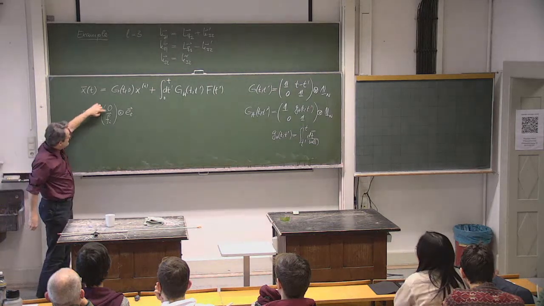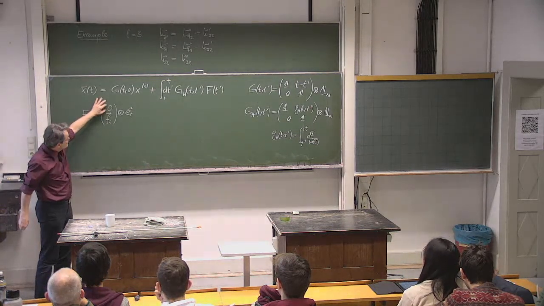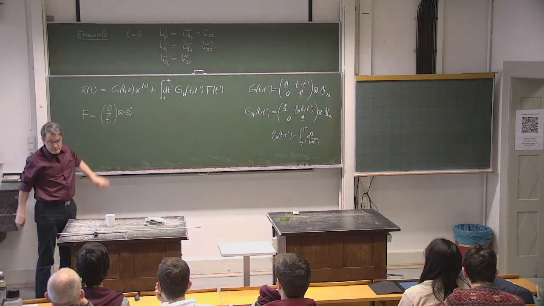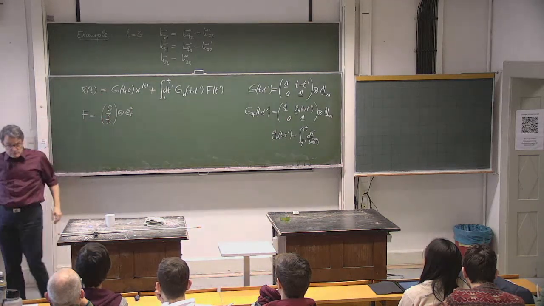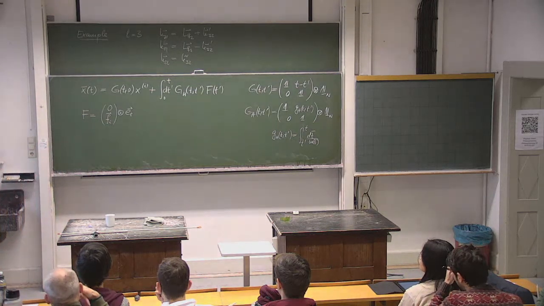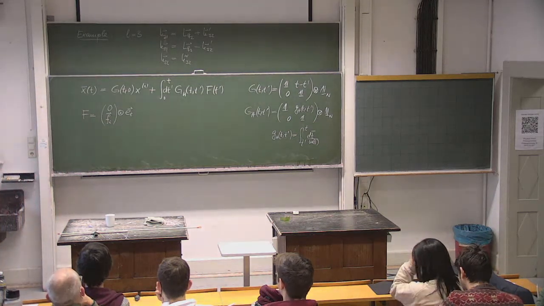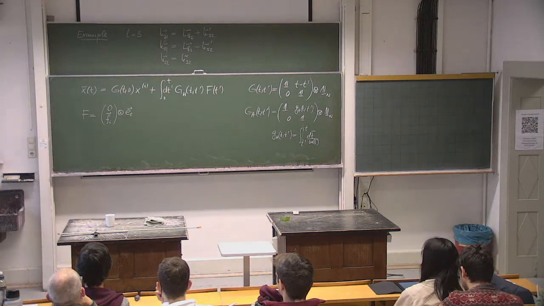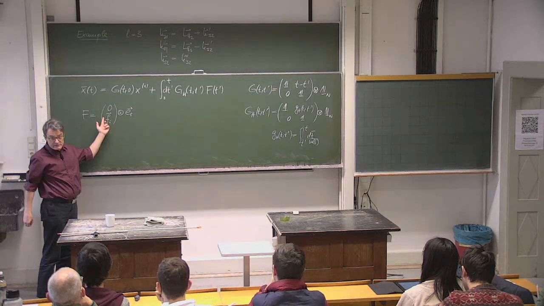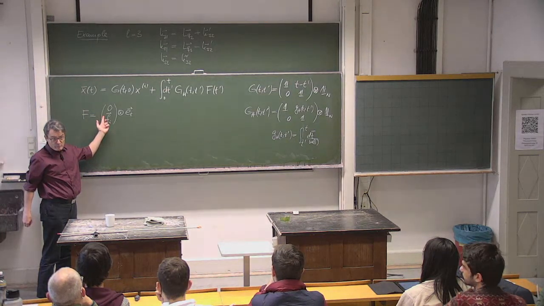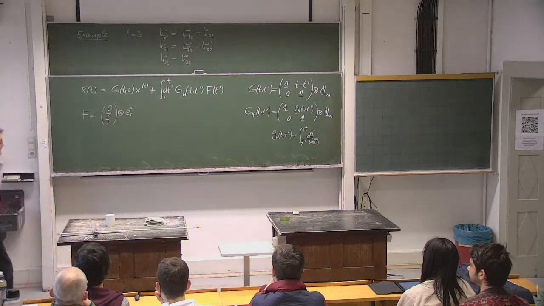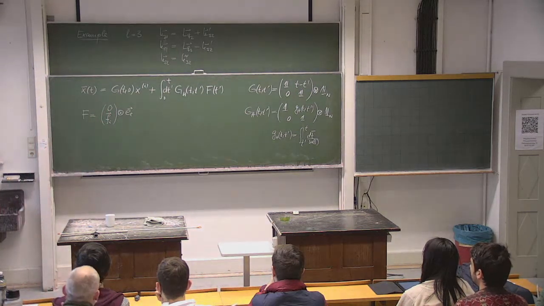And this force term only appears in the momentum and not in the position part of the phase space coordinates because of Hamilton's equation. p dot is minus dH/dq, and dH/dq is the force, so it's only the time derivative of the momentum that's going to be affected, and therefore it appears only down there. All right, that's it.